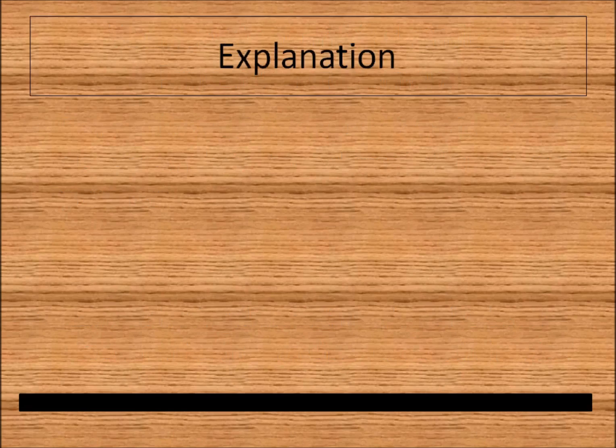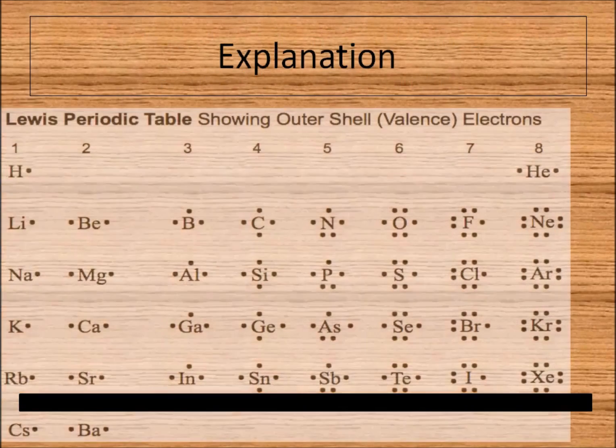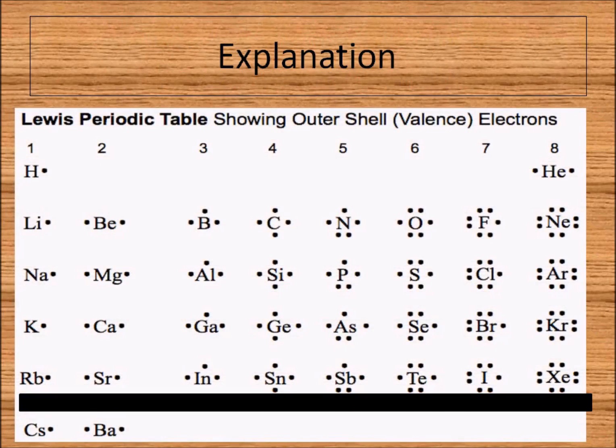Let's understand it by a periodic table, which is a Lewis periodic table. It is actually the dot diagram, a table used for elements, and it shows you how many valence electrons are there in their atom. Here you can see hydrogen, lithium, sodium, potassium. And you can see the dots, which are actually the valence electrons.